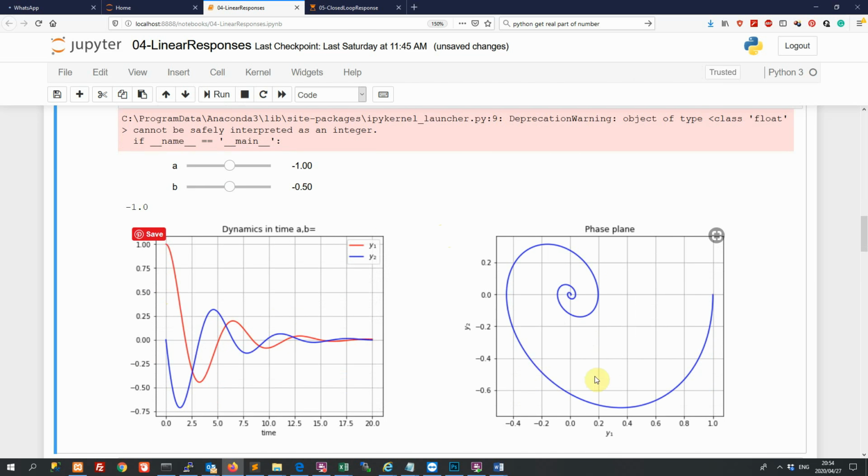And by the way, this interesting plane over here is just taking the two values for y1 and y2 and plotting those one against the other. So here we are plotting y1 and y2 as functions of time. Instead of plotting as a function of time, if we took time slices, let's say at time 0, then that's the value for y1 and that's the value for y2.